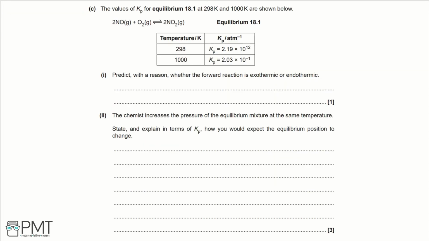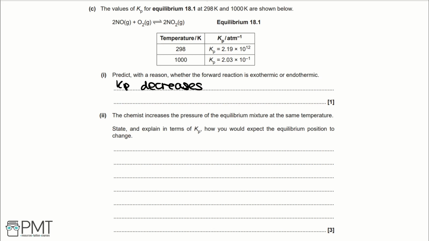Part C. The values of Kp for equilibrium 18.1 at 298 Kelvin and 1000 Kelvin are shown below. Part 1. Predict with a reason whether the forward reaction is exothermic or endothermic. Even if you were unsure what the answer was for this question, you can state the trend shown in the table.